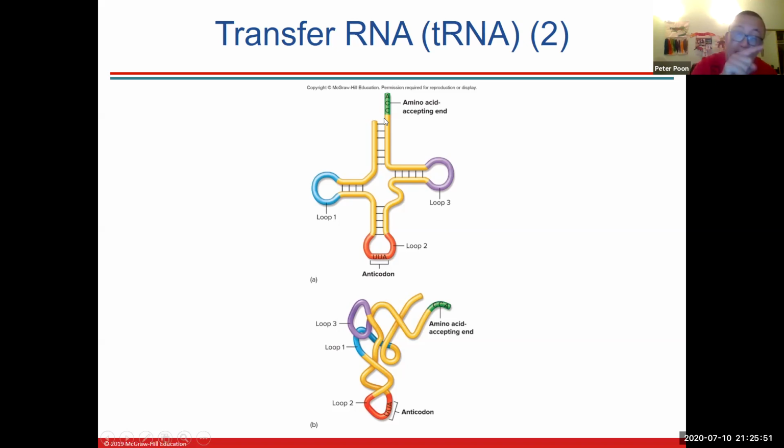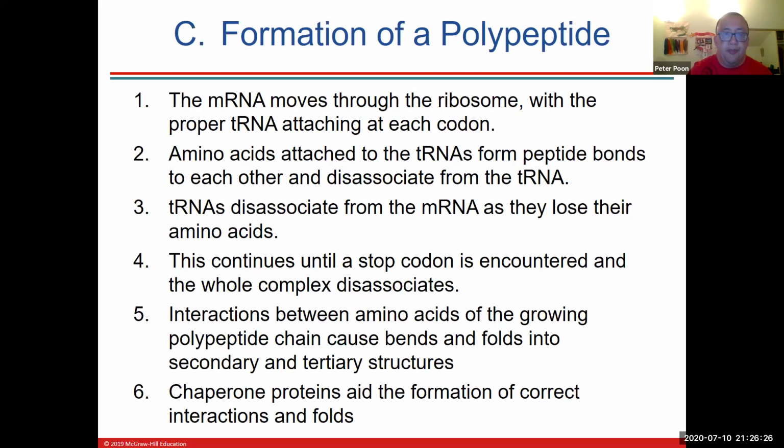It matches the codon to the anticodon, and once that matches, that puts the amino acid onto the new chain. Then everything moves over one, and you put on a new tRNA and a new amino acid, and you move over one, all the way until you hit the stop codon. Once you're at the stop codon, the whole entire thing falls apart.